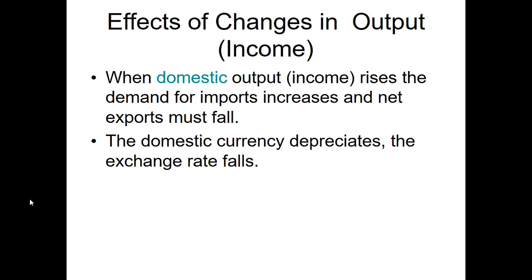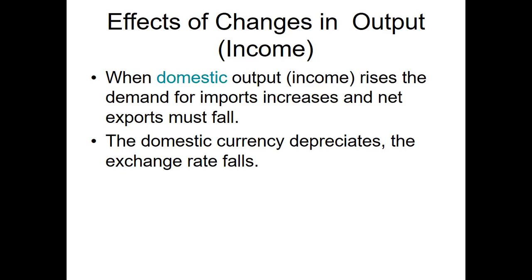Then this is interesting. What would be the effects of changes in output income? When domestic output income rises, meaning to say the net disposable income rises, there would be demand for imports.